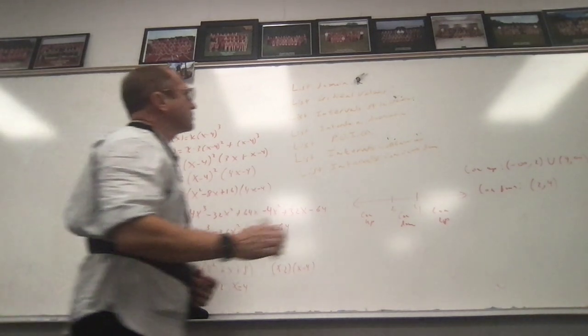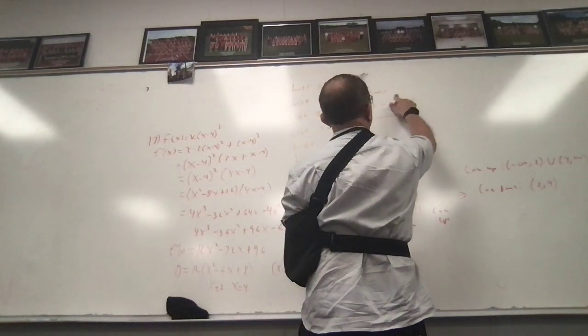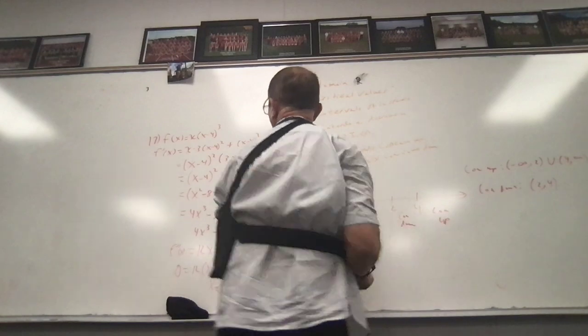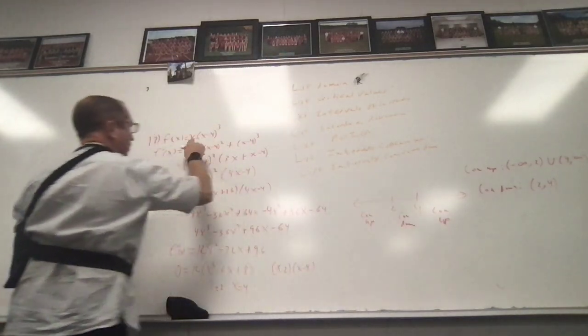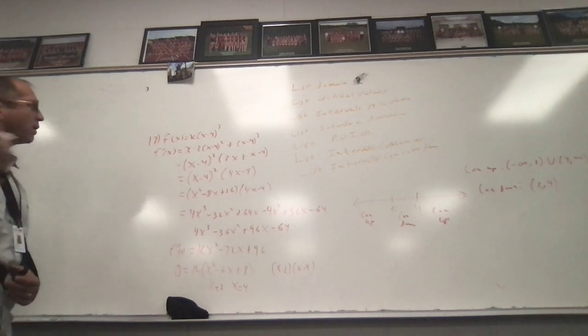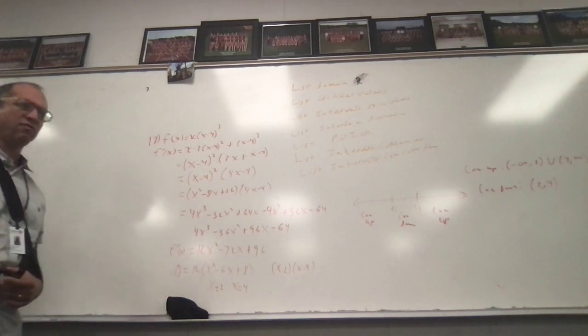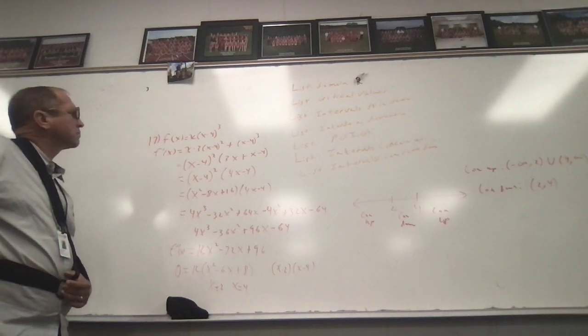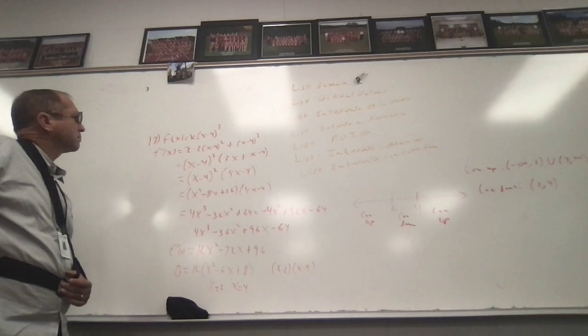Well, I first approach this and look into, all right, what is my domain here? If I look at x times x minus 4, where could that function either be 0 or undefined? It has 0 and 4.